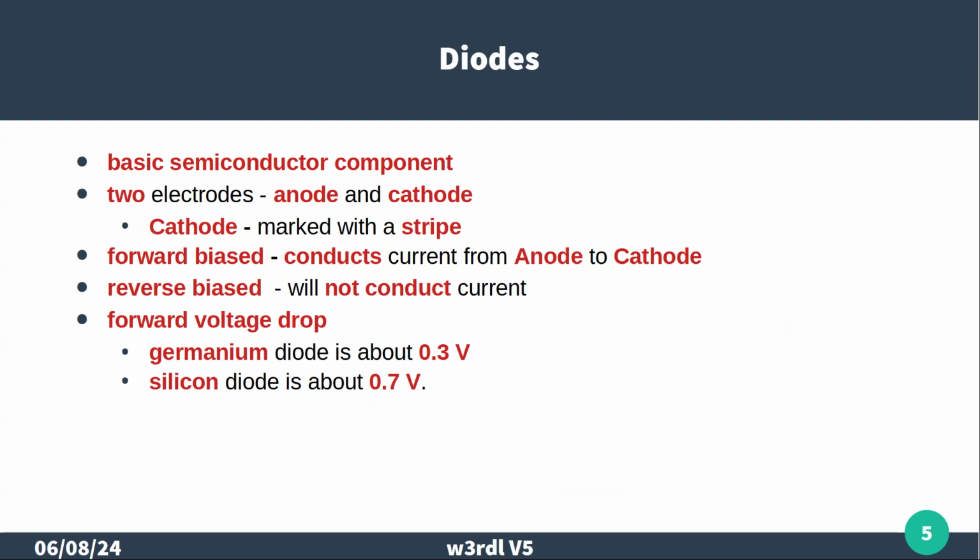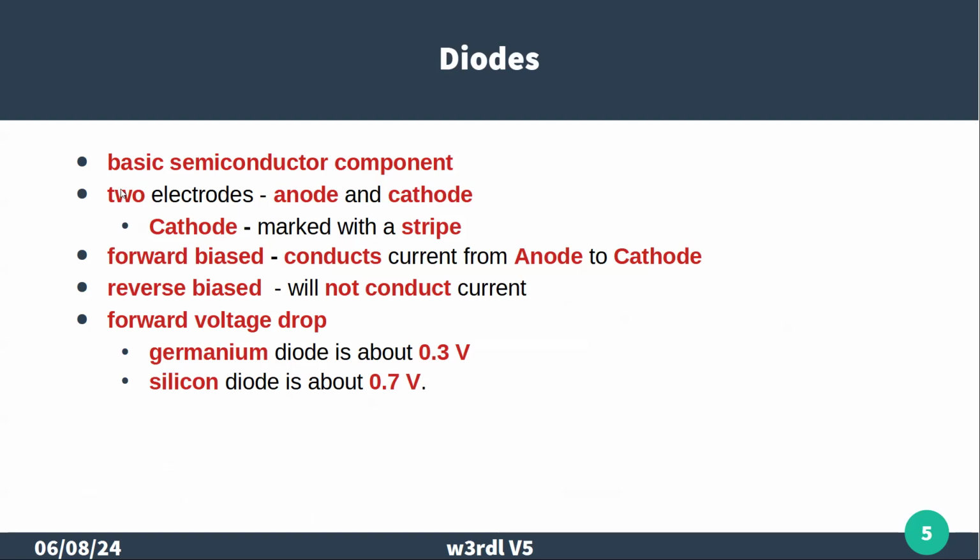When we forward bias the diode, which means we apply a positive voltage on the anode, which is connected to the P-type material, and the negative conductor connected to the cathode, that will cause a current to flow from the anode to the cathode through that diode, assuming that the voltage is greater than 0.7 volts if it was silicon, or 0.3 volts if it was germanium, because it takes that amount of potential to cross that barrier.